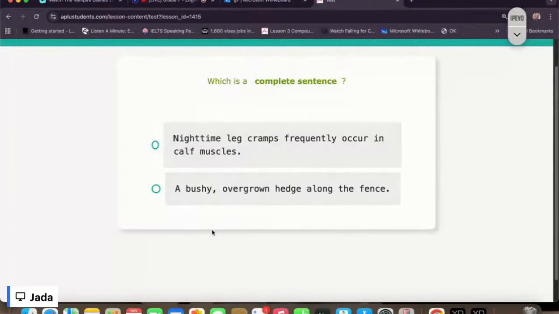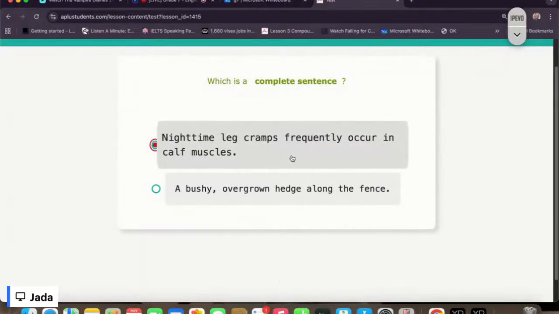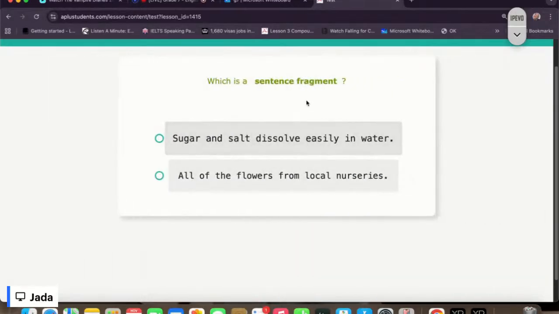All right, so for the complete sentences, what do we have here? We have the first one, which is a sentence fragment, first or second.